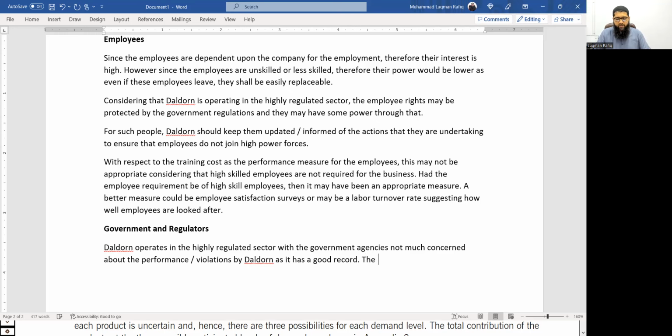The government agencies have a high power and low interest.